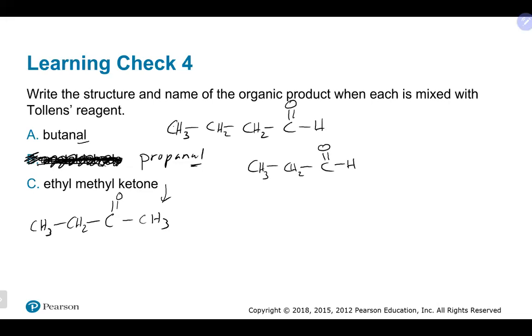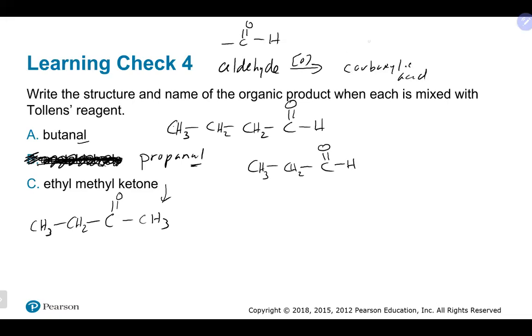So first off, we just think about what we want to do here and what's going to happen. I'm going to have an aldehyde that I'm going to oxidize. So that is this guy here. When I oxidize an aldehyde, I should end up with a carboxylic acid.